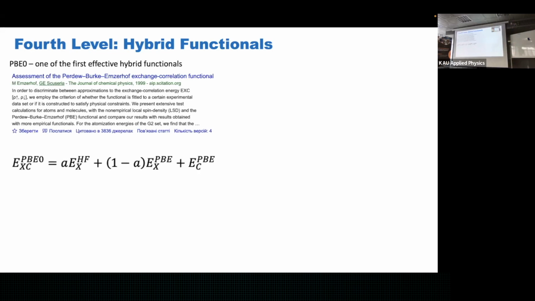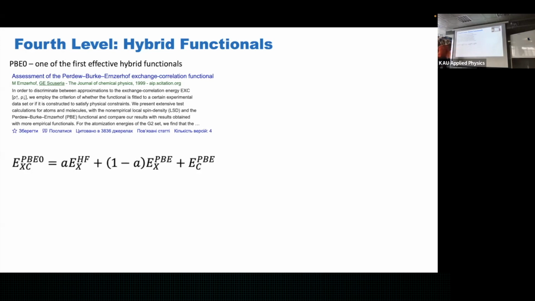One of the first hybrid functionals was PBE0. PBE means that we base it on PBE for GGA, and 0 means that it was published in 1999, but it refers to 2000. The exchange correlation in this PBE0 consists of Hartree-Fock exchange.